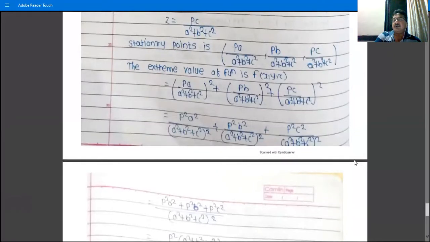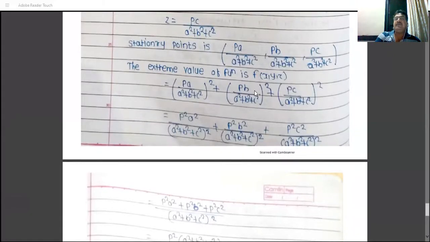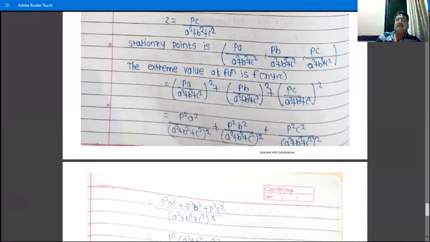For a two variable function, there is a condition: find capital A, capital B, capital C, and delta. If delta is greater than 0 and A is less than 0, then the function is maximum.